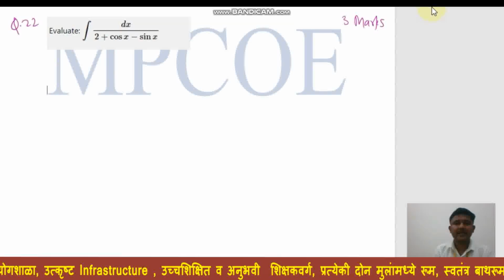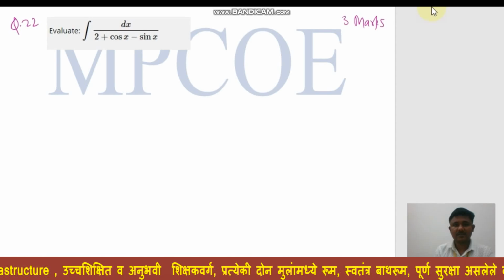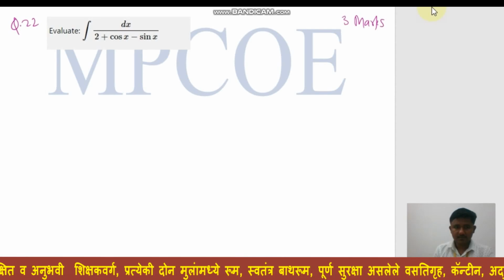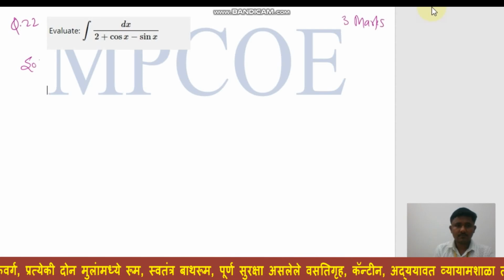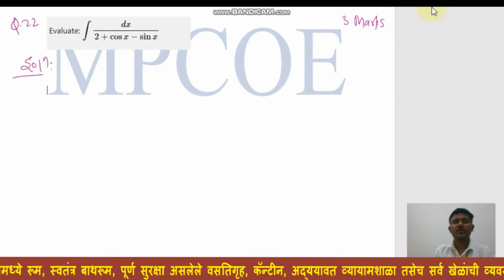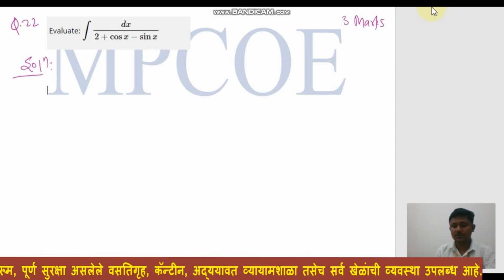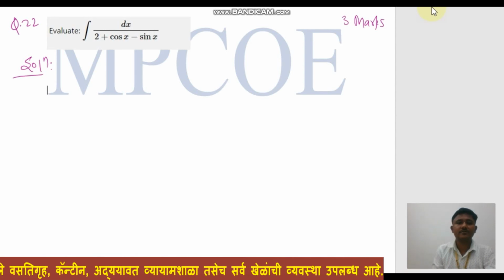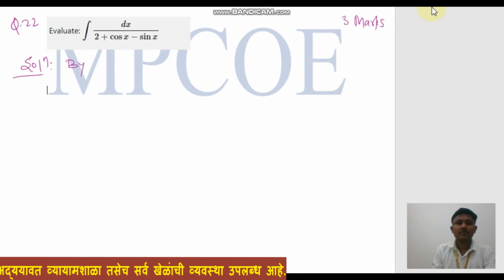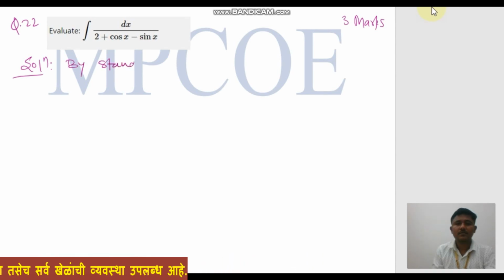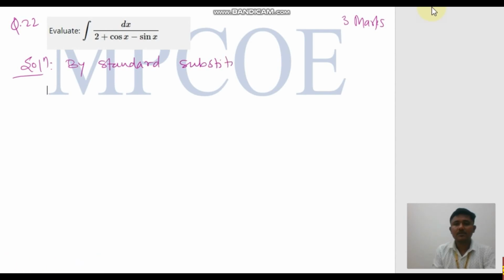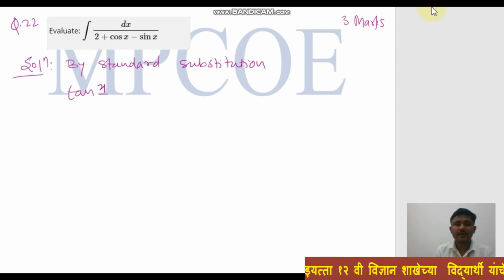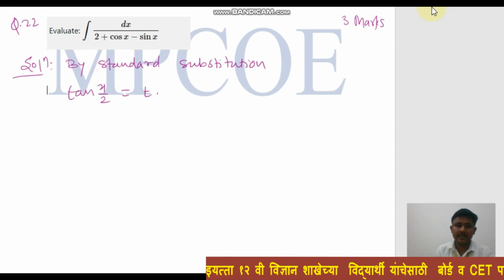Evaluate the integral dx upon 2 plus cos x minus sin x. Solution. So to solve this integral we will use standard substitution. By standard substitution, that is tan of x by 2 is equal to t.